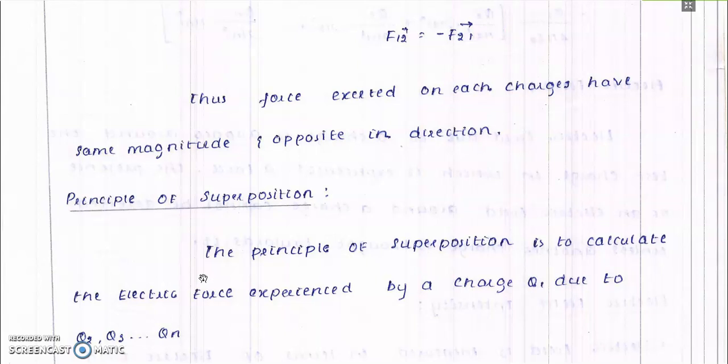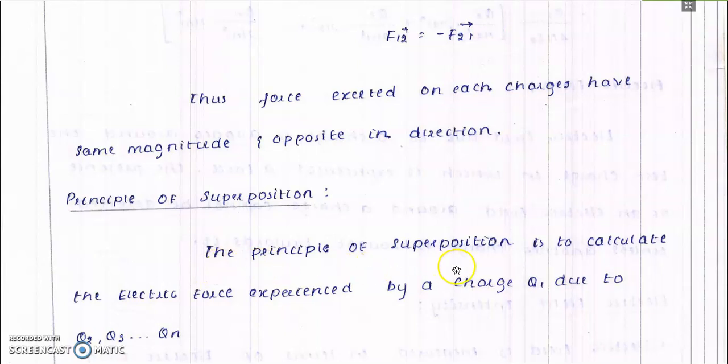So if you want to identify the total, or overall, force experienced by the charge Q1 in our hand, by means of superposition we can easily find it by summing up all the forces from the charges near it, and finally conclude what magnitude of force is experienced by our charge.